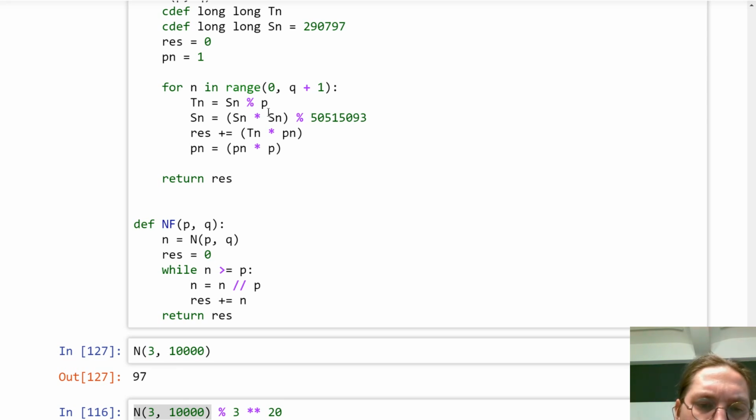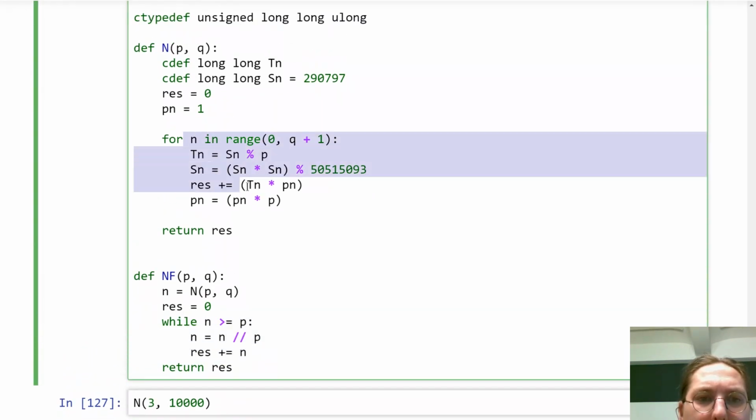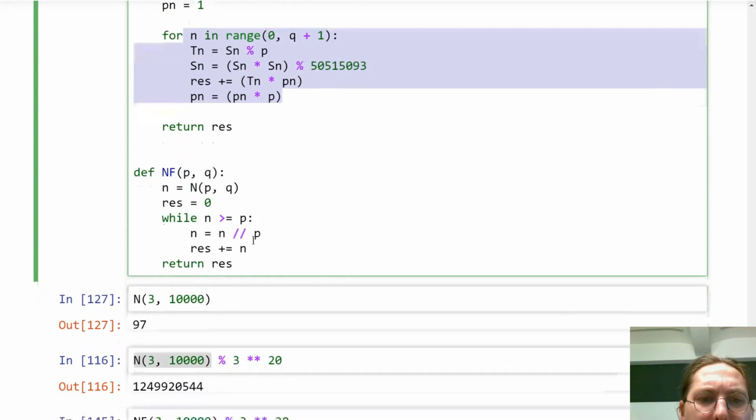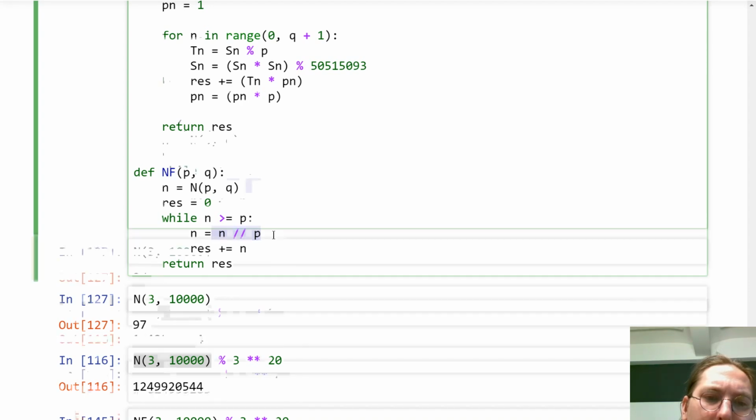I don't know what will be larger. So if you just look at it, it looks like it's O of n, but maybe the big int division makes it n squared. I don't know.